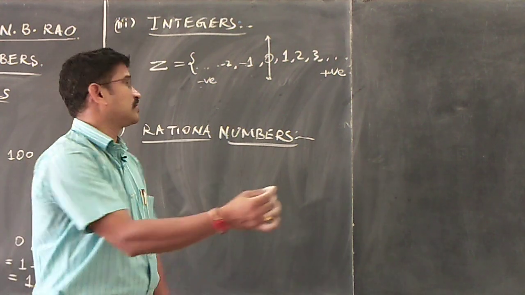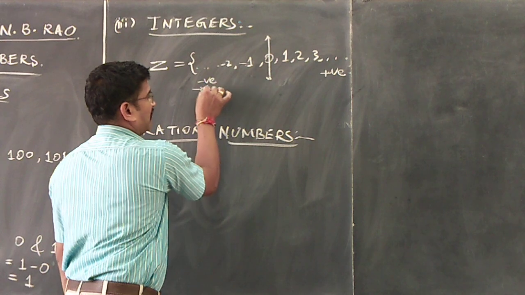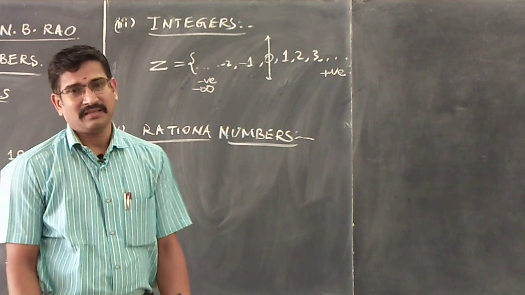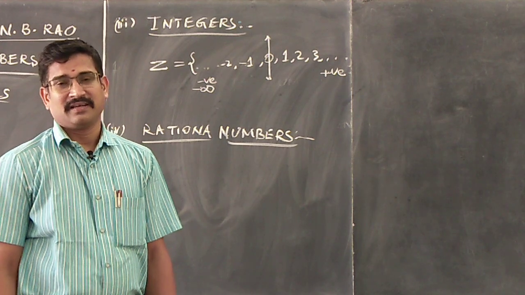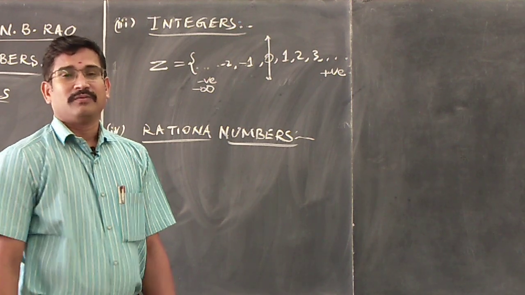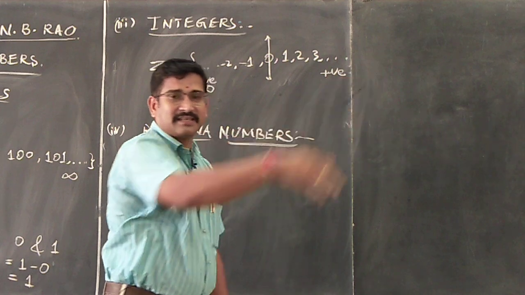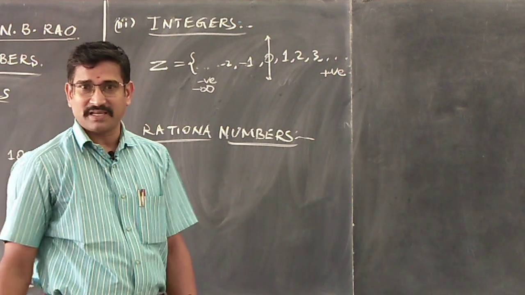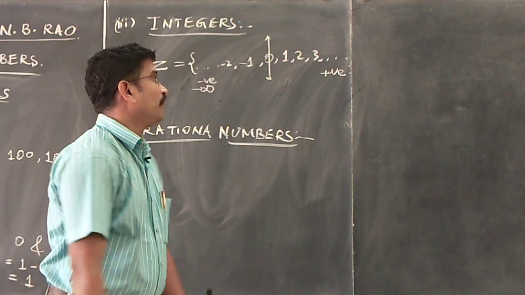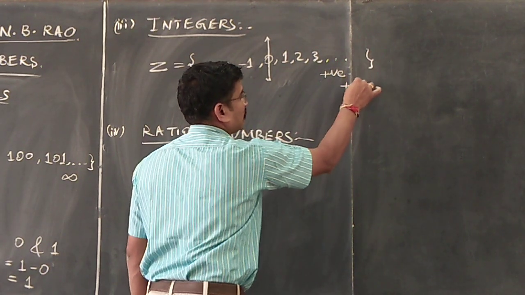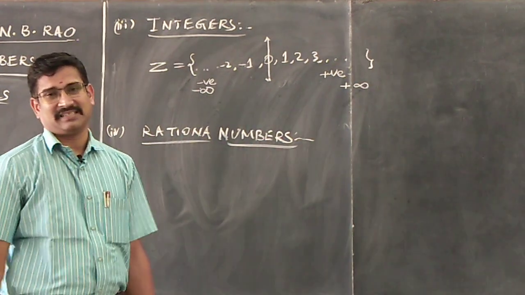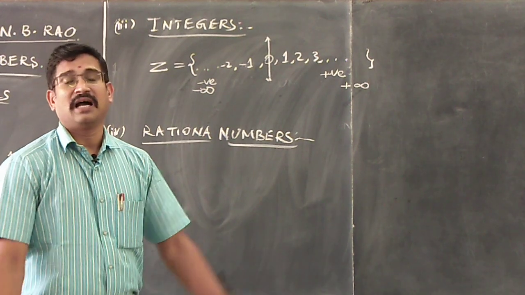If at all you want to say, you can take minus infinity as the smallest integer. Next, do we have any biggest positive integer? No, because in the positive direction also I don't have an end. It's plus infinity or uncountable.